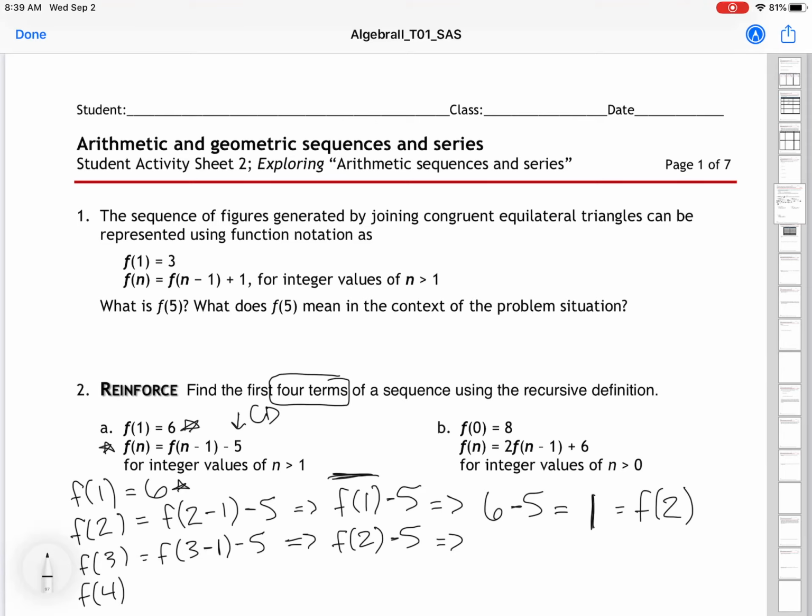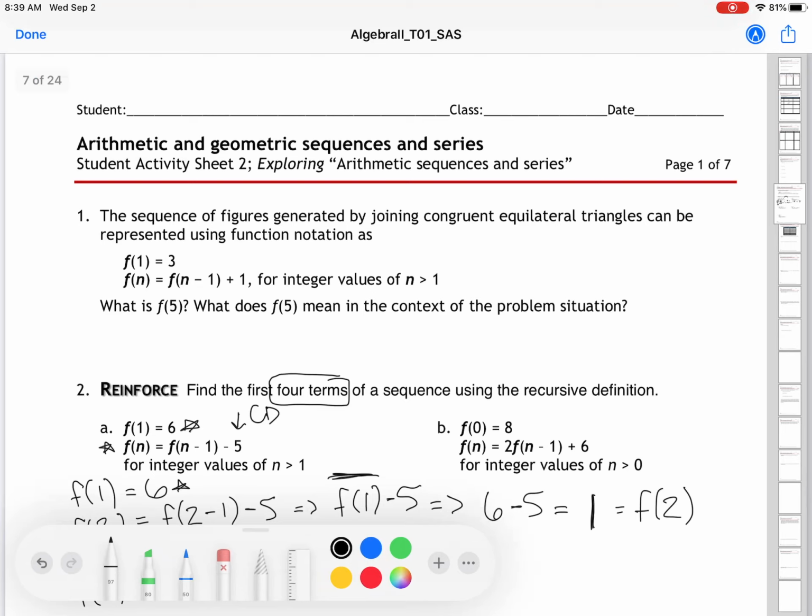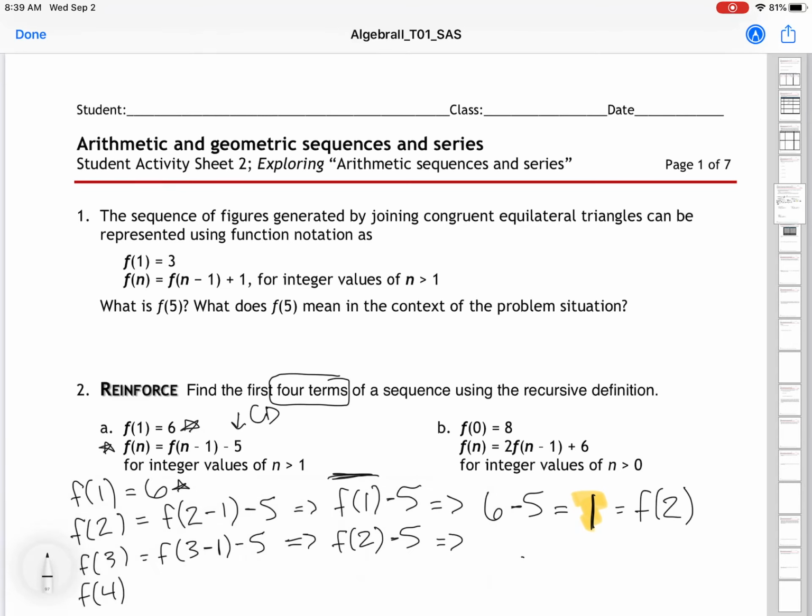We said f of 2 was this 1, right here. So now I'm saying 1 minus 5. What is 1 minus 5? It is negative 4. So negative 4 is f of 3.